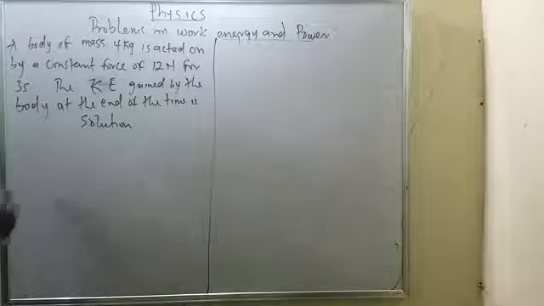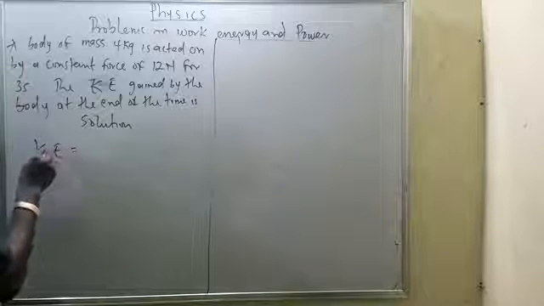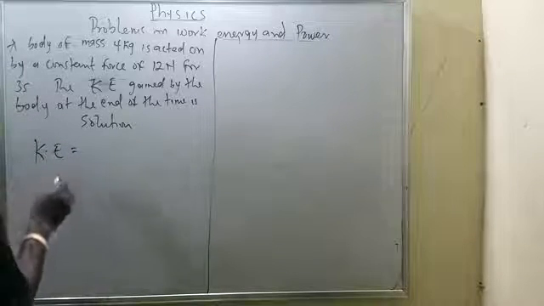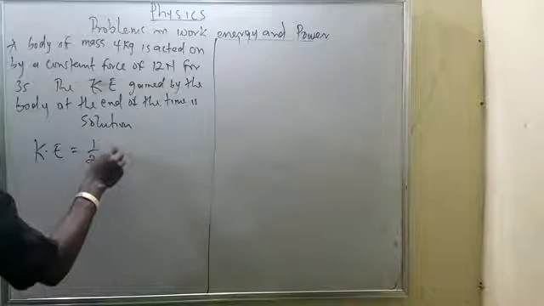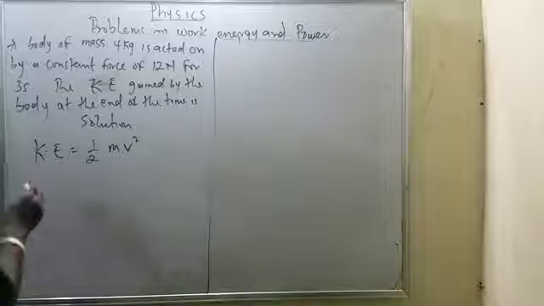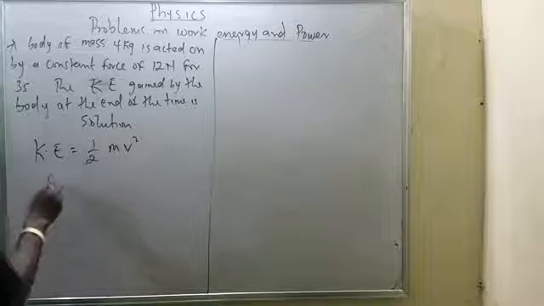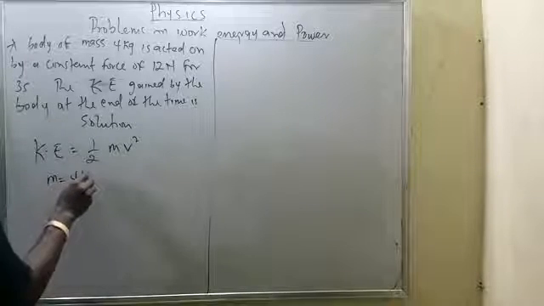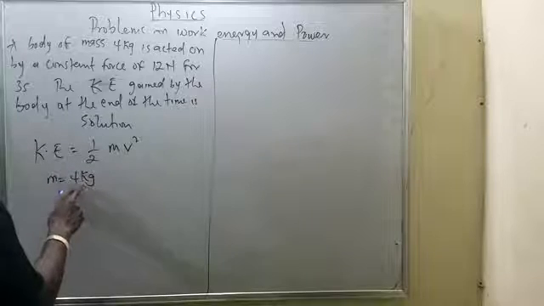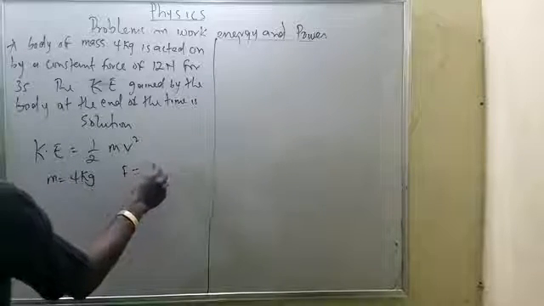It means I'm looking for my kinetic energy, which we all know is always equal to 1 over 2 mv squared. And we all know my mass is equal to 4 kg, and my force is 12 Newton.